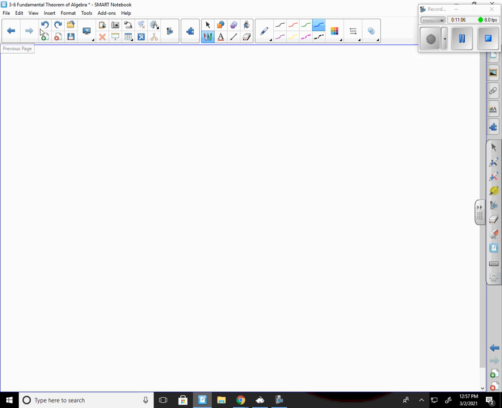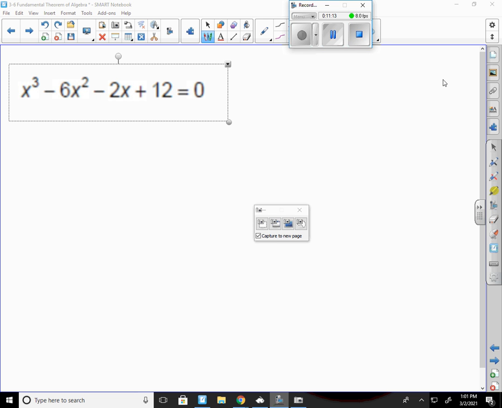All right, we're going to do some additional practice problems now. So if I had a problem like this, I would need to use my P over Q first. This is P. This is Q. It's a 1. Find your factors.